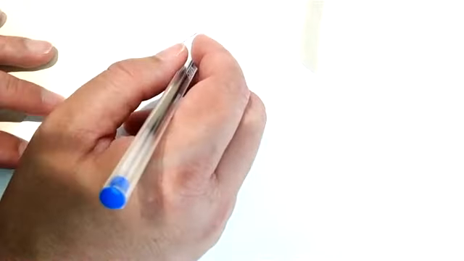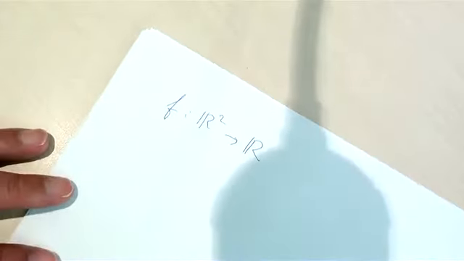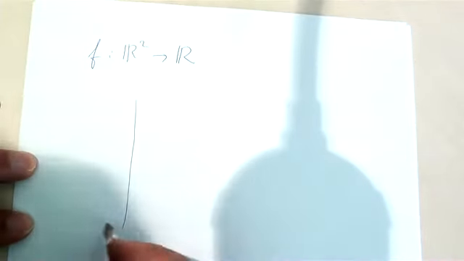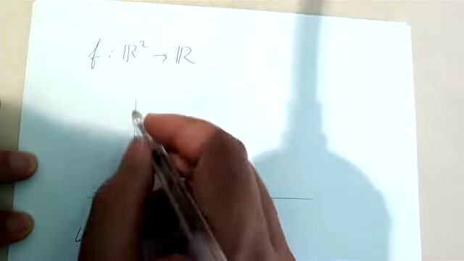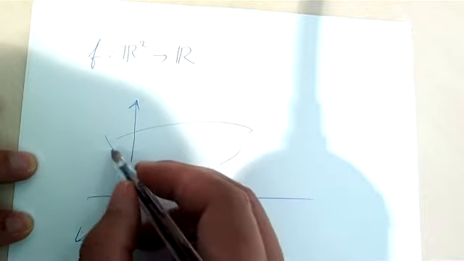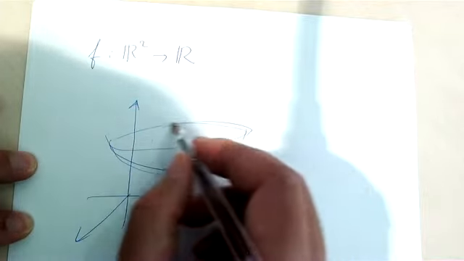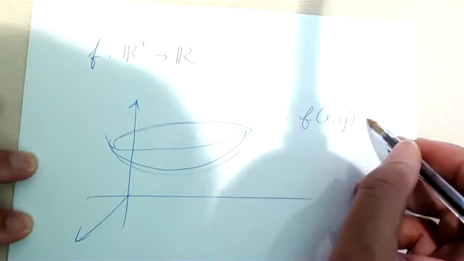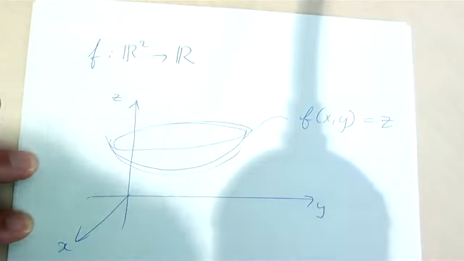So the function is f from R2 to R. So what is this function? This function is just a surface, something like some surface like this. I'm not a very good artist, but roughly this one is f of x and y equals some z. So this is z, x and y, right?